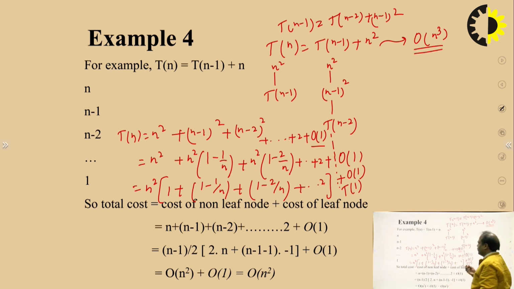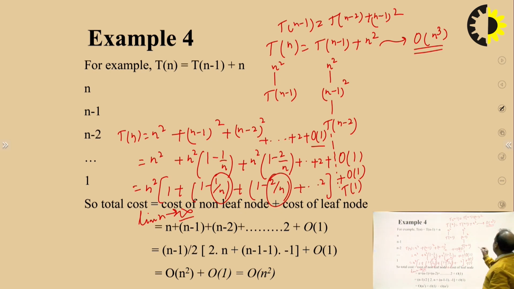It's very easy: if you take the limit as n tends to infinity. Why do we take the limit? Because we are interested in the upper time, the upper bound. If n tends to infinity, this term will be 0, this term will be 0, and this term will be 0.